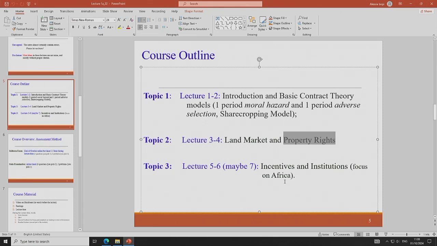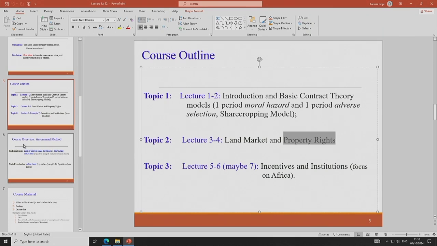If we have time, and I really would like to do that, I'd like you to see a preliminary version of the book that this professor at the University of Chicago is writing, which has to do with institutions, Africa, and in particular what we can learn from Africa's journey towards development.